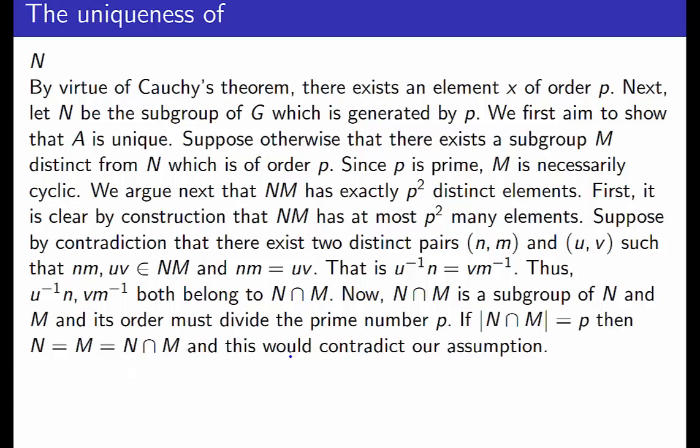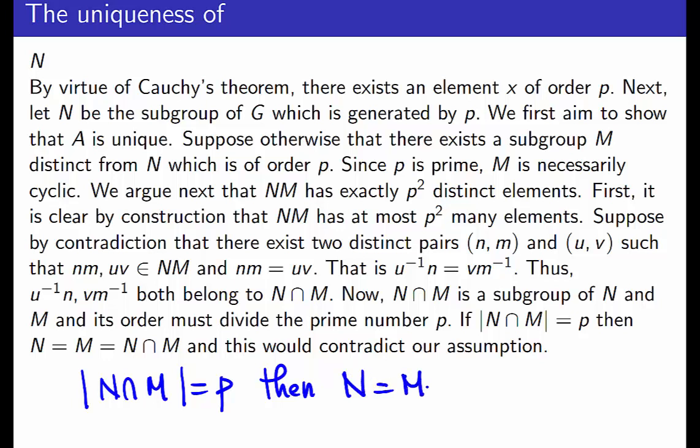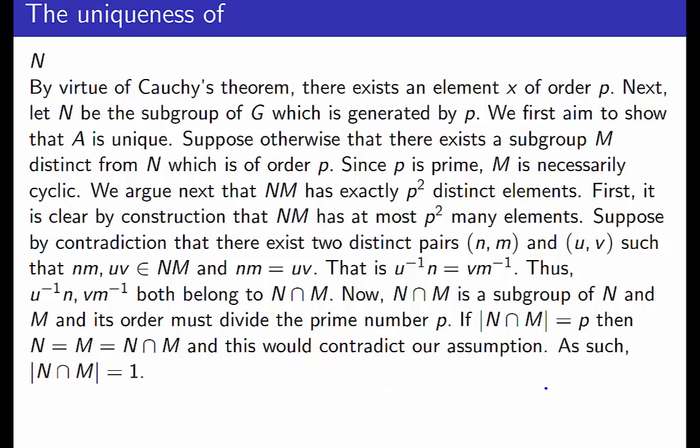Now, if the order of N intersect M is p, then N must be equal to M, because if the overlap is everything, then both must be the same, and this will contradict our assumption. So the order of N intersect M is 1.